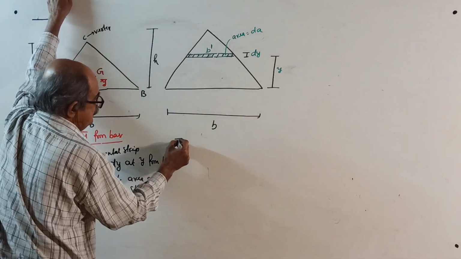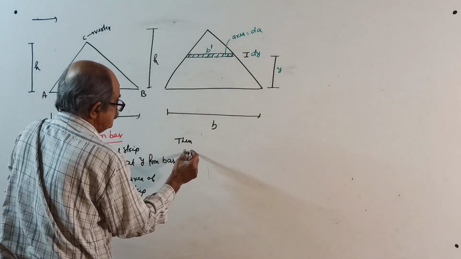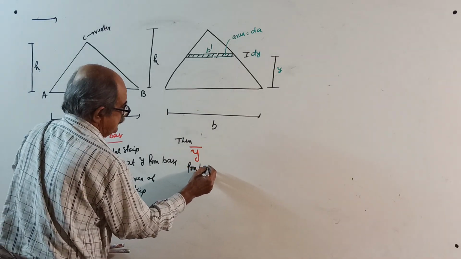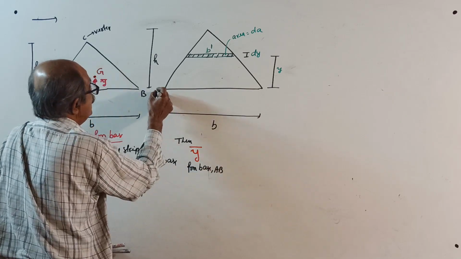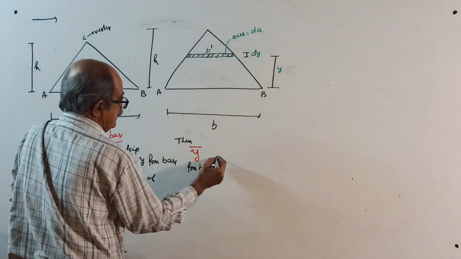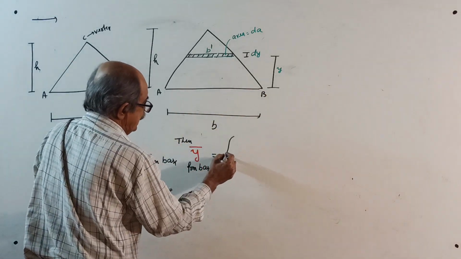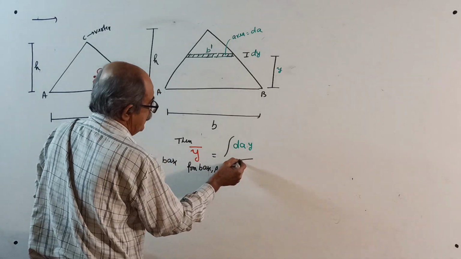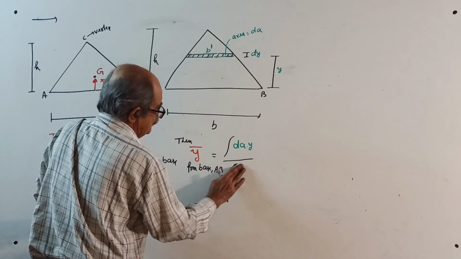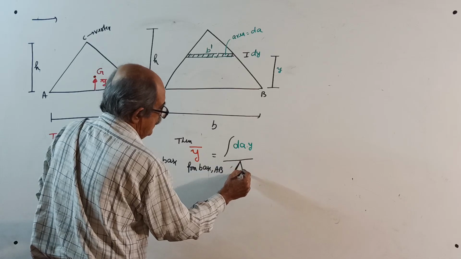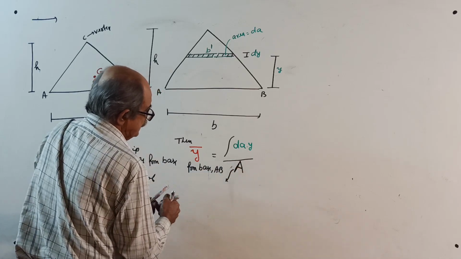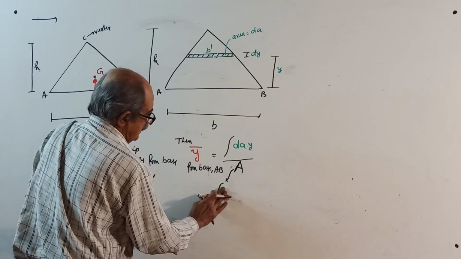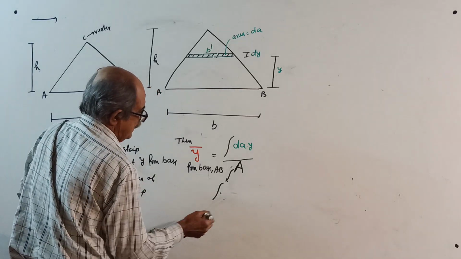Then y bar from base AB, I told you yesterday, equals the integration of dA into y divided by the total area A. And for information, the area is the integration of only dA, the elemental area.